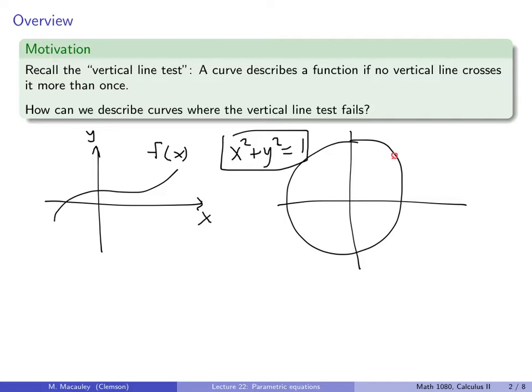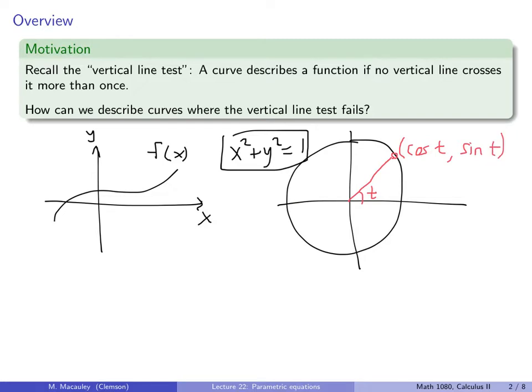Okay, so to give you an introduction to parametric equations, I'm going to define them on the next slide, but let me motivate them first. I'm going to stick with this point that I wrote. This point, let's say it's at angle t. Now you know that this is the point cosine of t, sine of t.